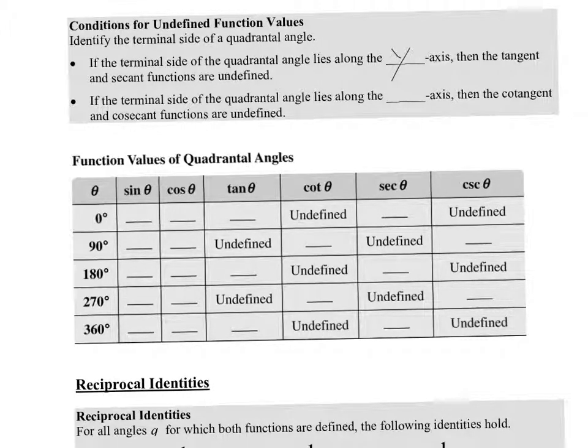So if that helps you to tuck this away, you can do that. If instead you want to use a holla and figure it out, you can as well. If your terminal side lies along the x-axis, so if it's 0, 180, or 360, then cotangent and cosecant are going to be the ones that are undefined.